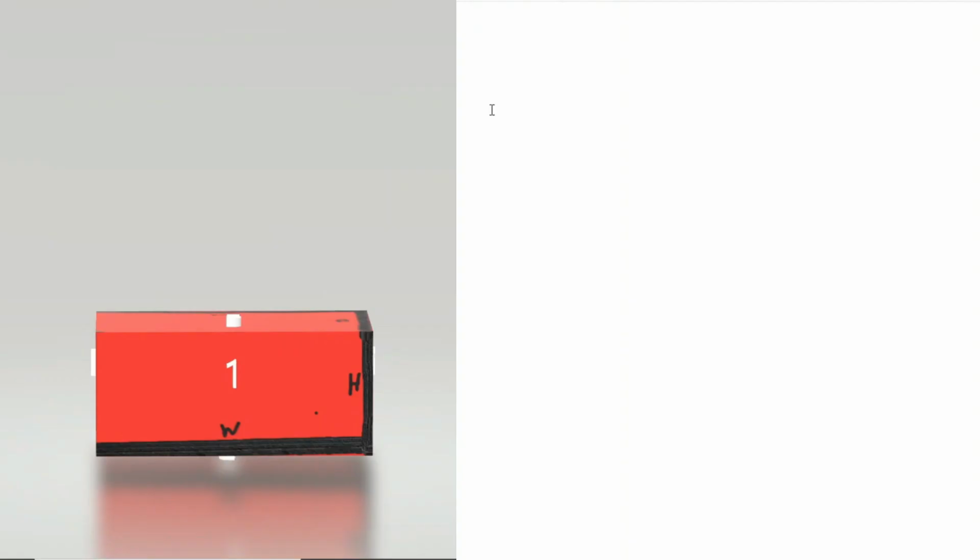Okay, so our curved surface area will be: first surface will have an area of width into height. Why? Because area of a rectangle is width into height. So here width is W and height is H. So the first surface has an area of width multiplied by height.